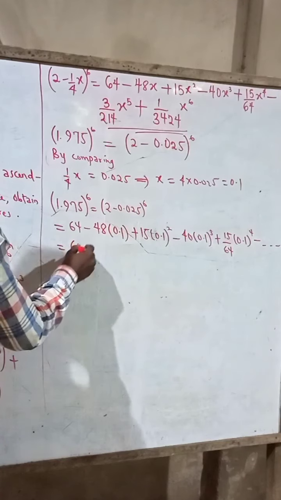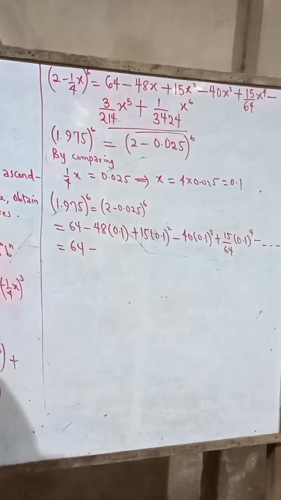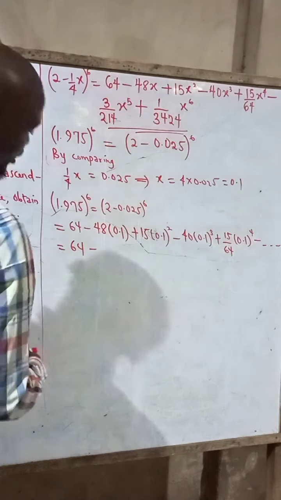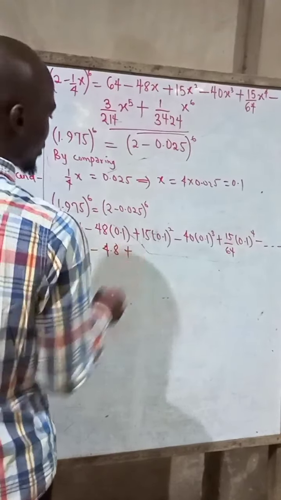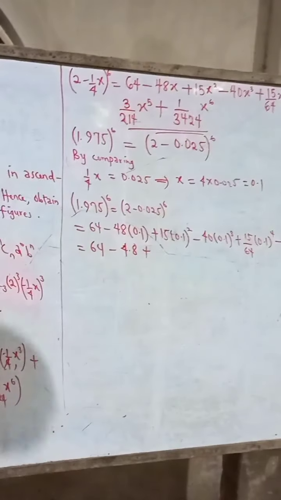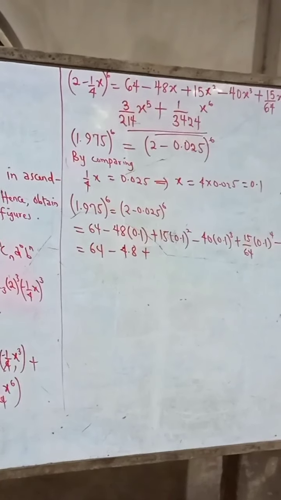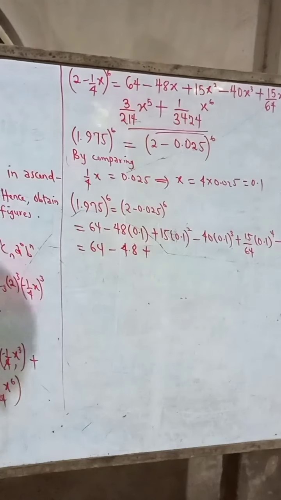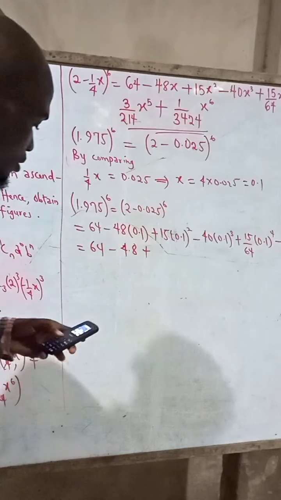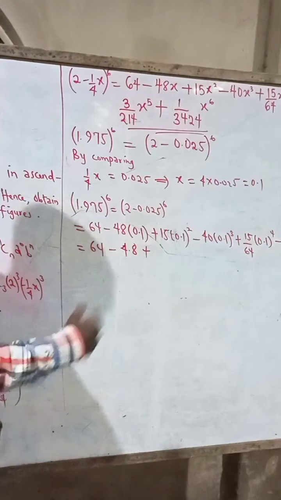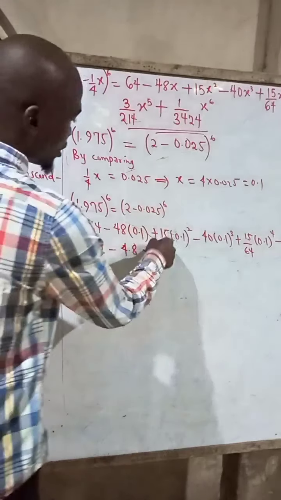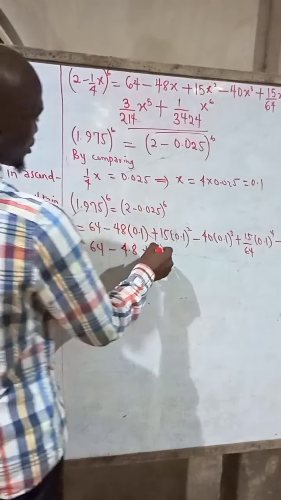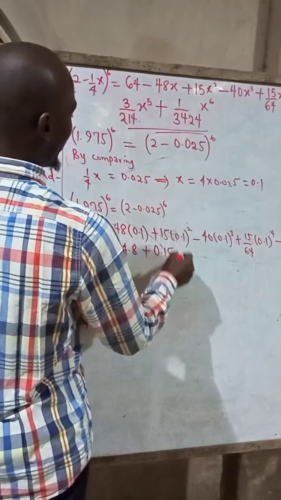So we can simplify this so that we can get our answer. We have 64 minus 0.1 times 48, that's 1 over 10 times 48, that will give me 4.8. Plus 0.1 raised to the power of 2, that will give me 0.01, the same thing as 1 over 100. And 1 over 100 times 15 will give me 0.15.